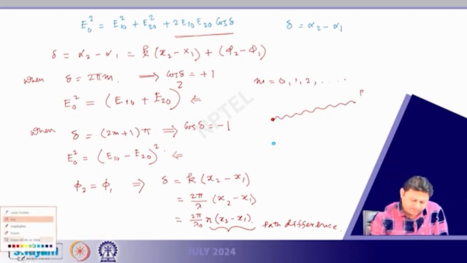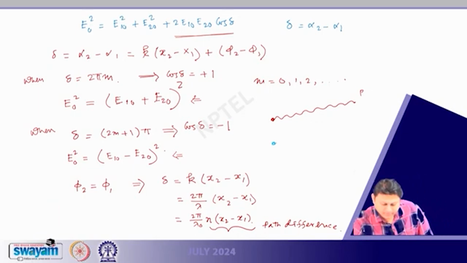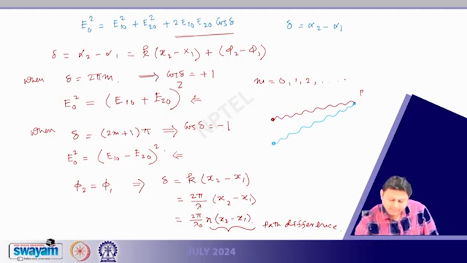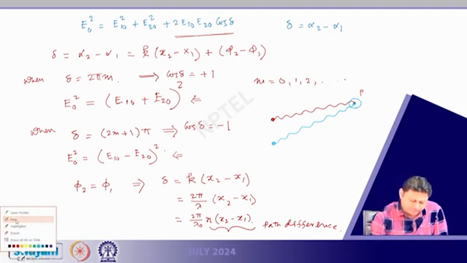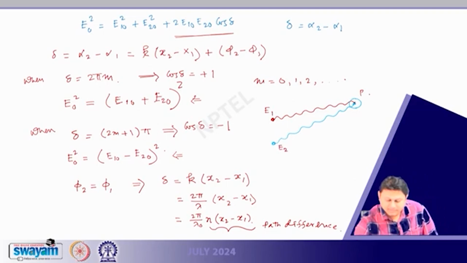Another wave is also moving and going to the same point P. At point P these two waves are superimposed on each other. If I write in our previous notation, this is E1 and this is E2, and this is my ER, which is E1 plus E2.